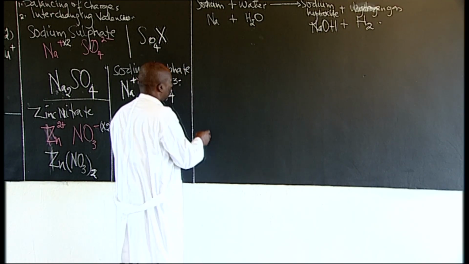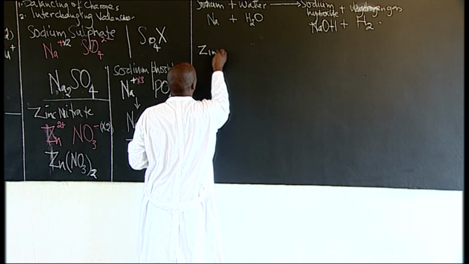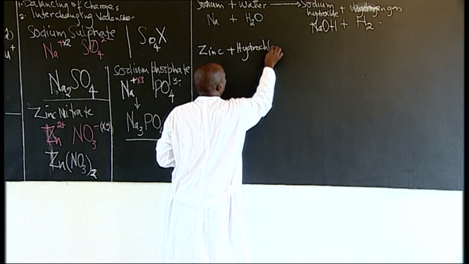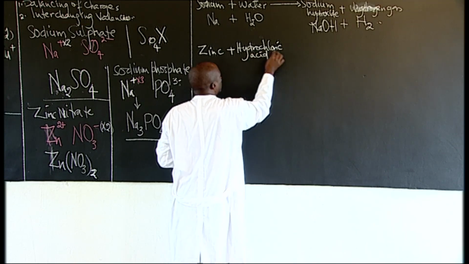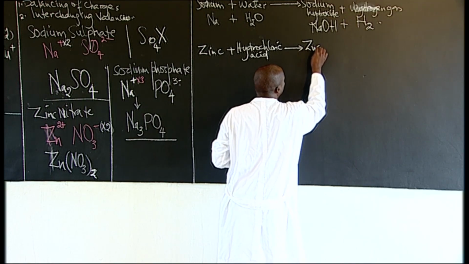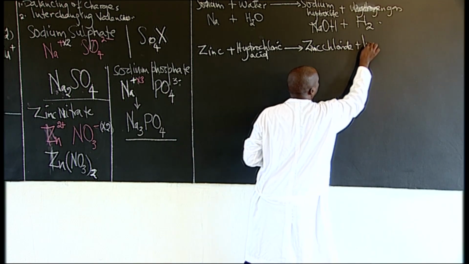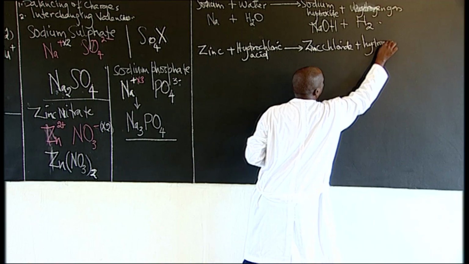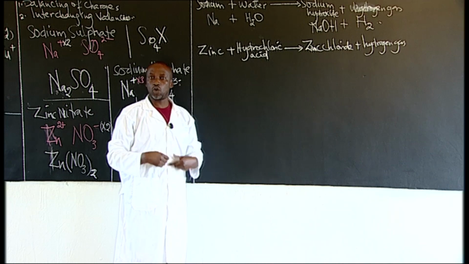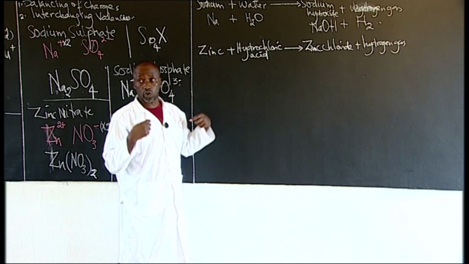So we can have another example. We may have zinc plus hydrochloric acid, which will give zinc chloride plus the hydrogen gas. This is a word equation. How do we convert it into a chemical equation? You need the symbols to write the correct formula.